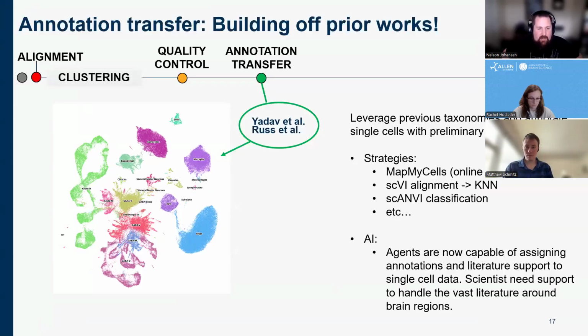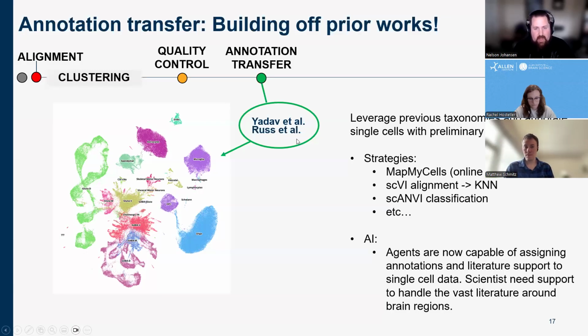And the next step is, again, organizing clusters into a hierarchy. And I think pretty much nowadays everyone tries to use a reference taxonomy to build off of. And the way you use those, at least in part, is through annotation transfer. So Yadav et al. is a study of human lumbar spinal cord from Ariel Levine's group, and Russell is a study of mouse spinal cord across multiple segments.